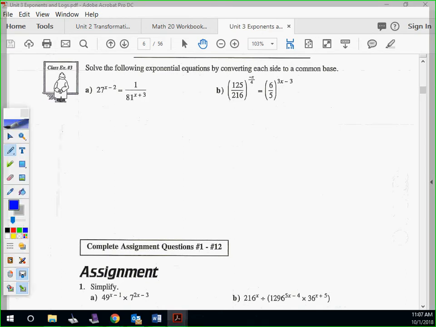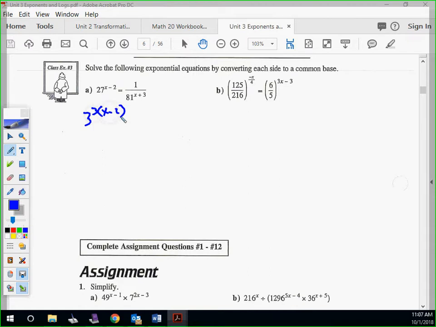Okay, all right. Let's see here. So we got 27, we got 81. I'm seeing both of those. I see those numbers. Yeah, exactly. 3, right? So I'm thinking about 3. So I want to make this 3 cubed, and that's times x minus 2.